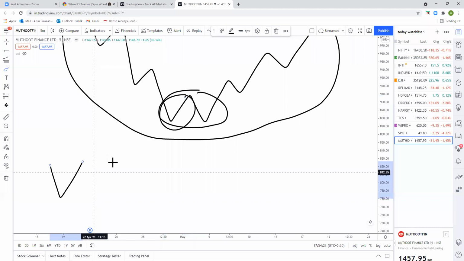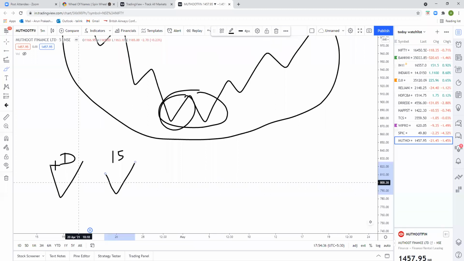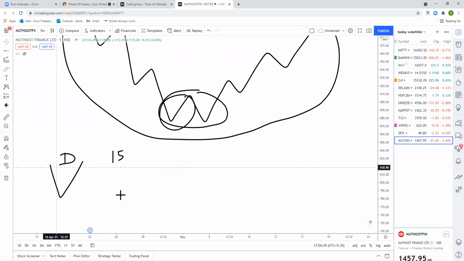Now, if I go into 15-minute time frame, from daily, I have moved into 15-minute. So in 15-minute, do you think a 15-minute candle would have come down and immediately it would have reversed like this? No. So in 15-minute also, you will have this structure.